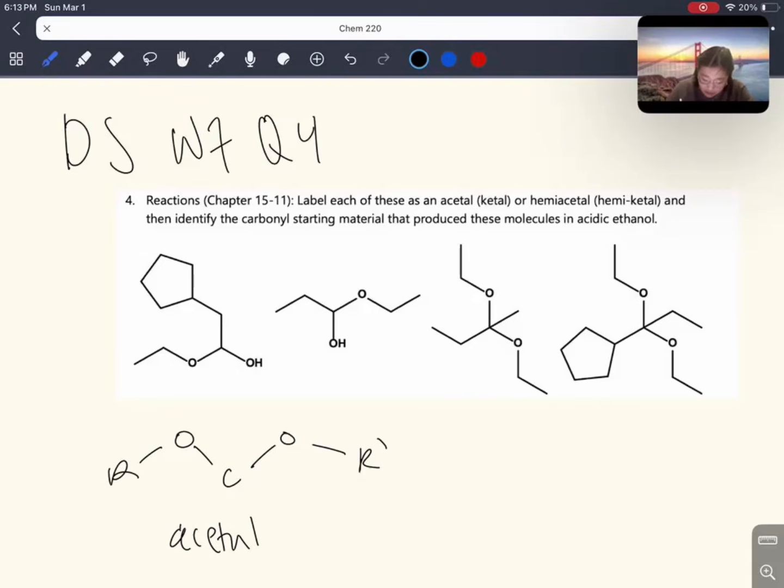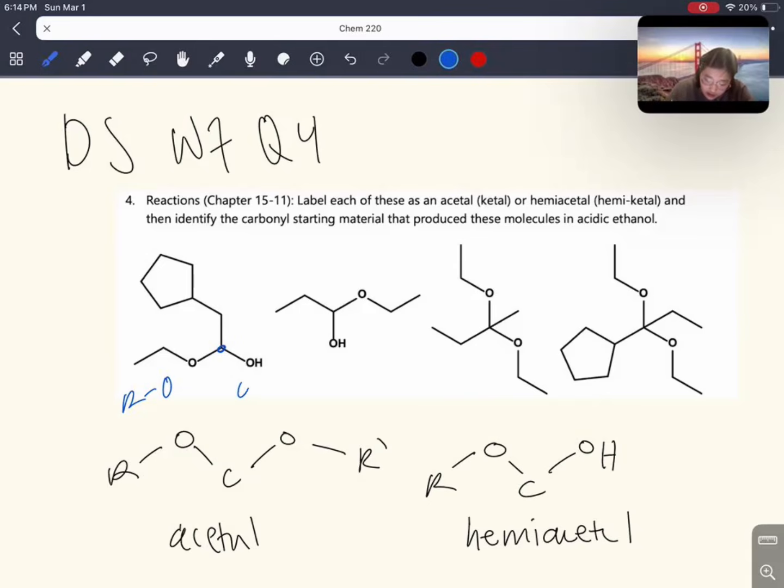If you have a carbon that's attached to two O groups and one of them is an R group and one of them is an H, that is a hemiacetal. So going down this list, the first molecule, your center carbon is attached to an OR group and also attached to an OH. Therefore, it's a hemiacetal. This second molecule, this carbon is attached to two oxygens, an O attached to an R group and an OH.